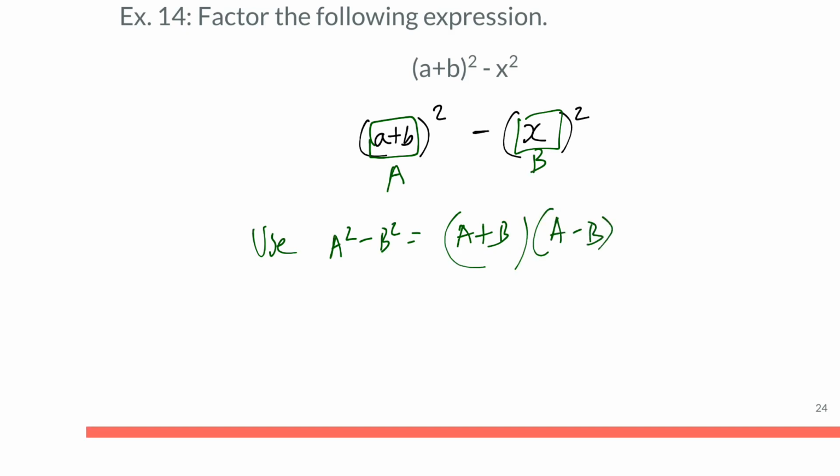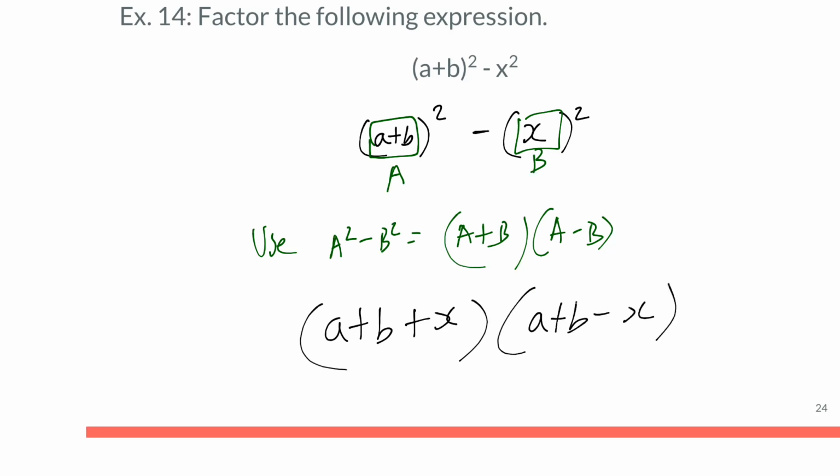It's a lot like puzzle solving, I guess, and seeing certain patterns. But this example, even though you may have not seen it in the beginning, is nicely set up for us to use difference of squares to factor. And you would eventually get a plus b plus x, and a plus b minus x.